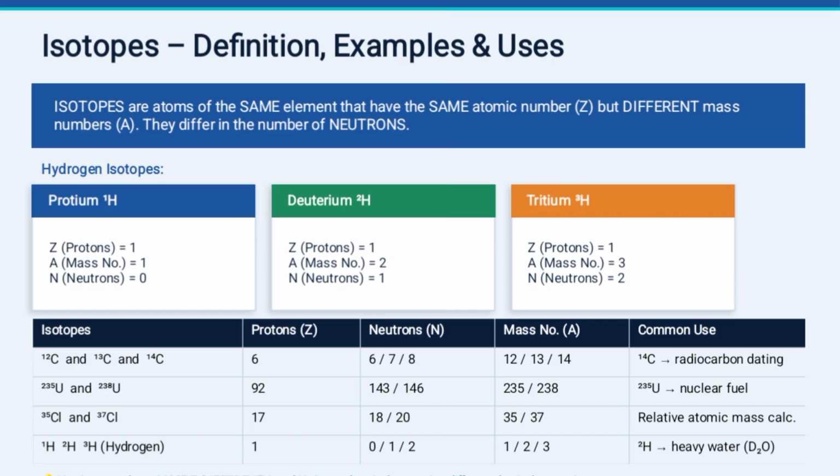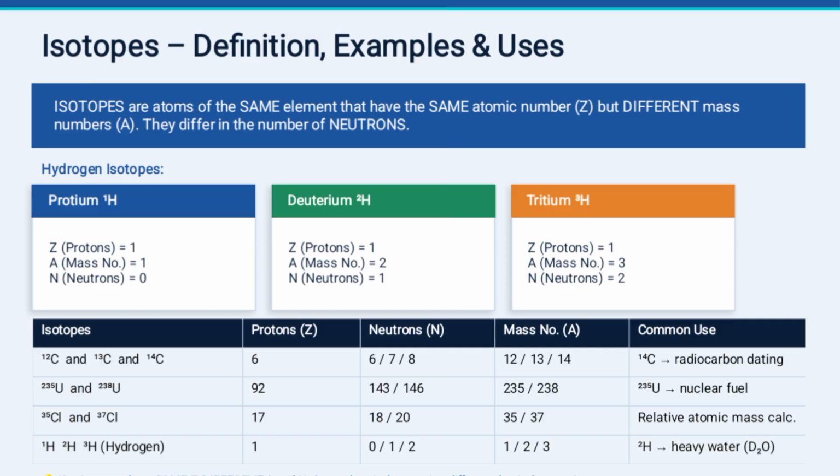Isotopy is the occurrence of the phenomenon. Isotopes are atoms of the same element. Now let's take, for example, hydrogen, which can exist as H-1, H-2, then H-3. For hydrogen-1, the proton is 1, the electron is 1, and the atomic number is 1.